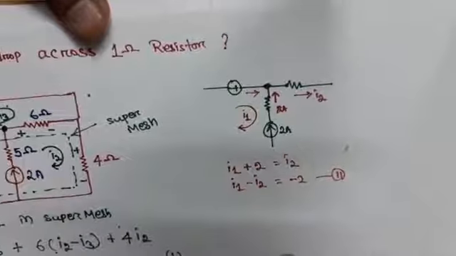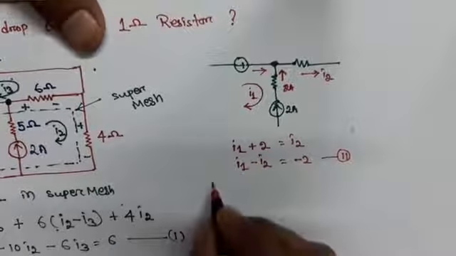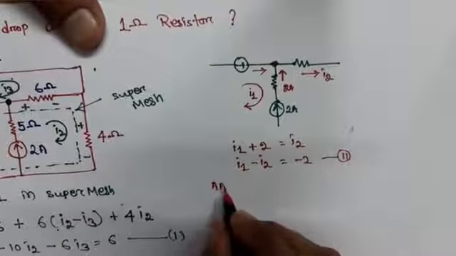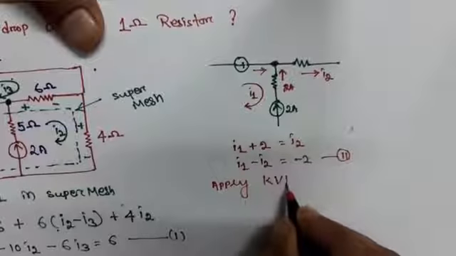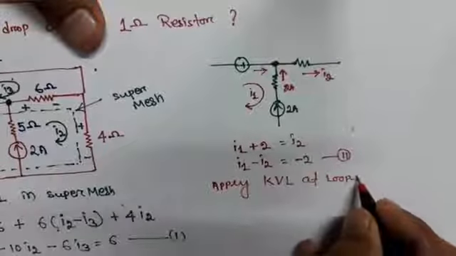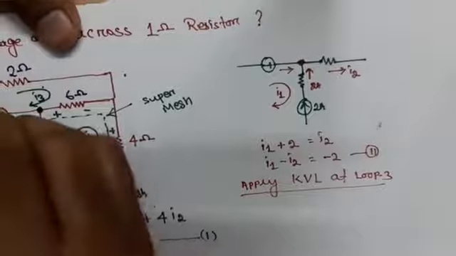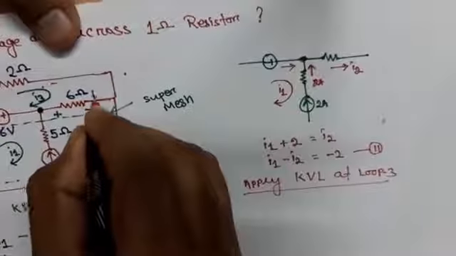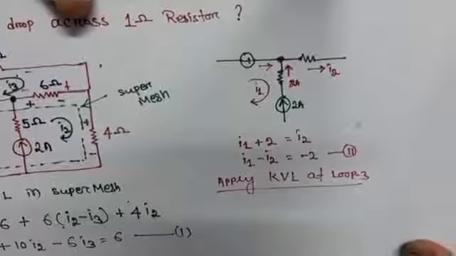Next, our third equation from loop 3. Apply KVL at loop number 3. First take the polarity, plus minus, and this is plus minus. Apply KVL at loop 3.